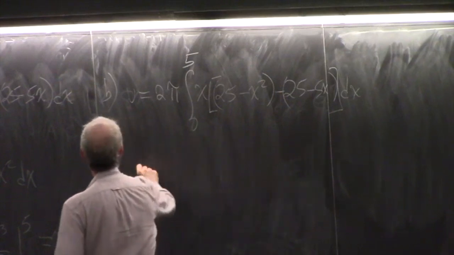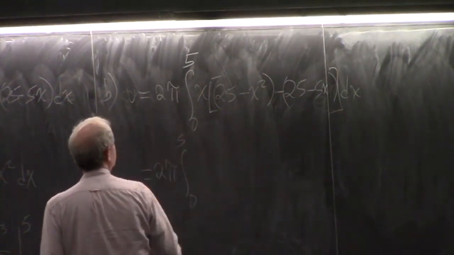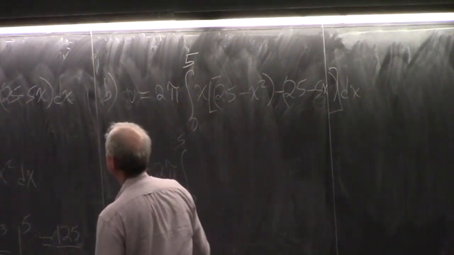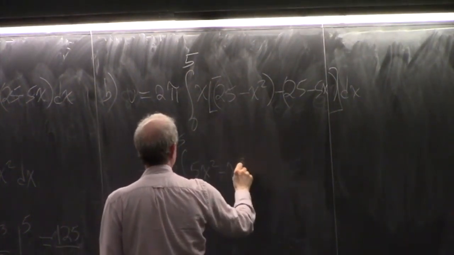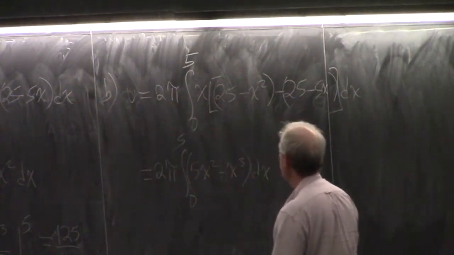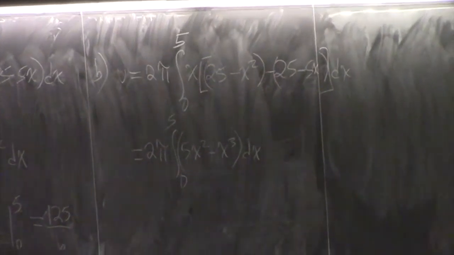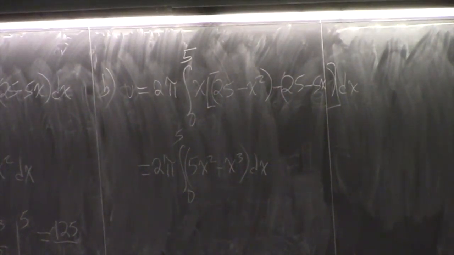That equals 2 pi integral from 0 to 5 of 5x squared minus x cubed dx. So far so good? That's coming. Gotta be patient.